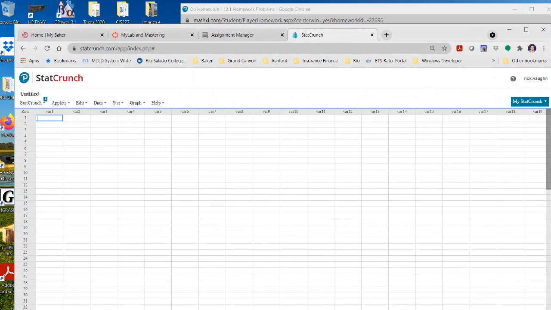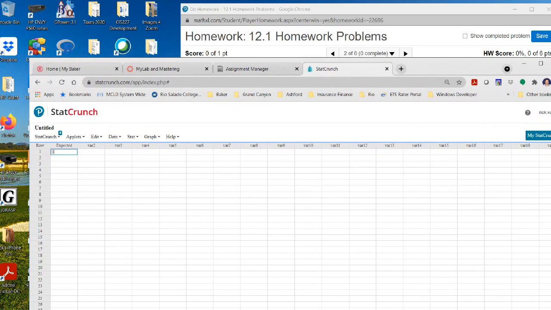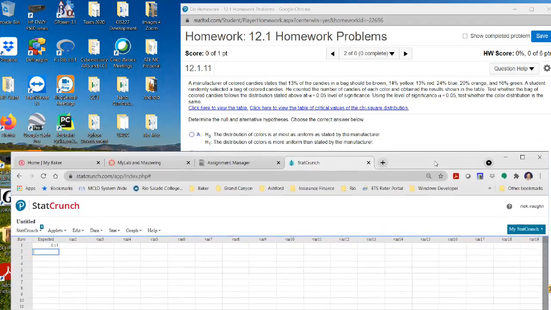Okay, over here, I'm going to call variable 1 the... oh, I'm sorry. Let's just call this the expected. And so 1 is going to be brown. That's going to be 13%, 0.13. 2 is going to be yellow.